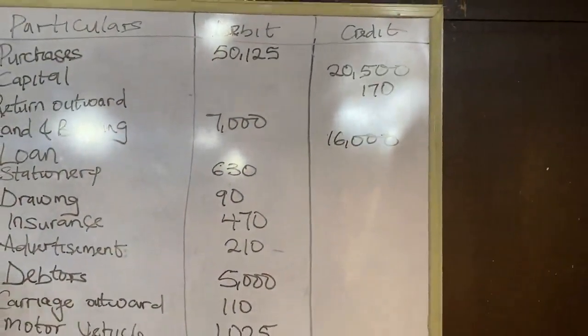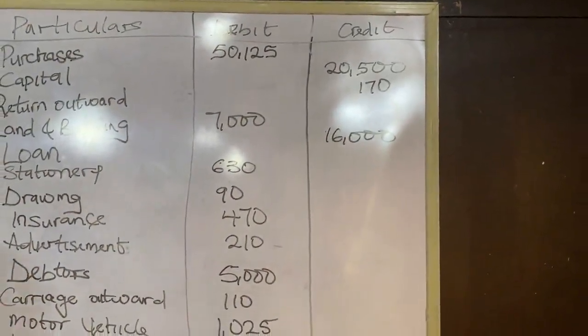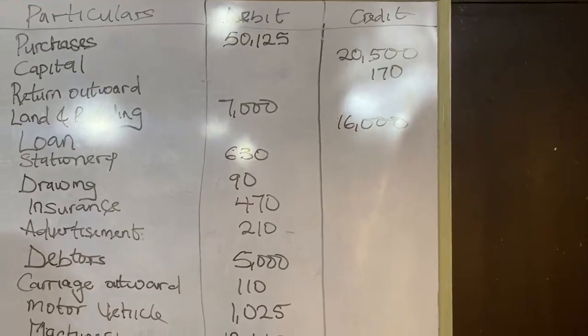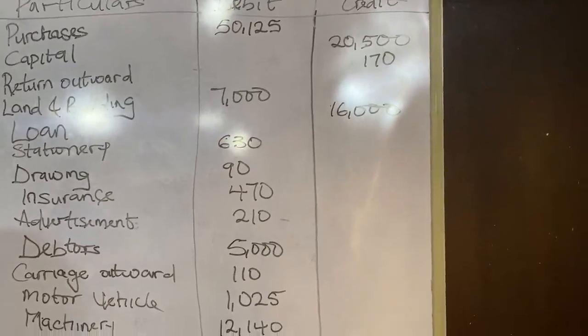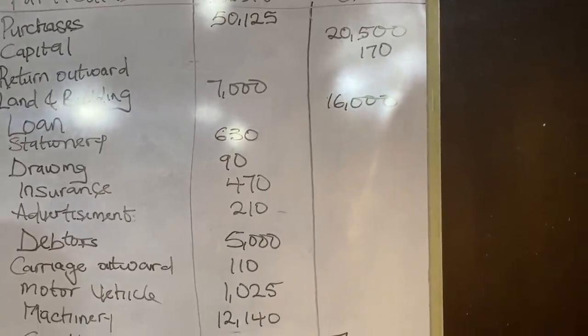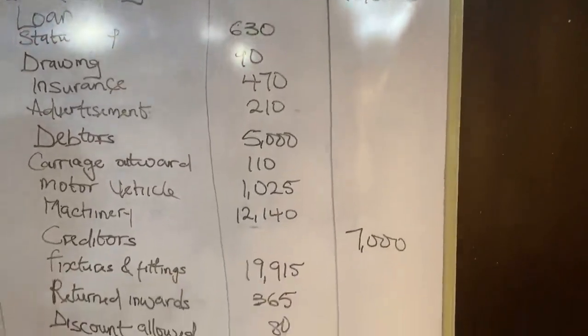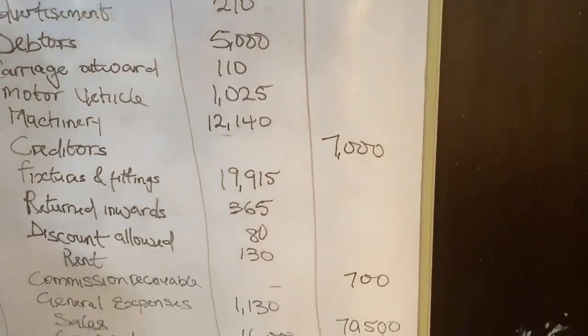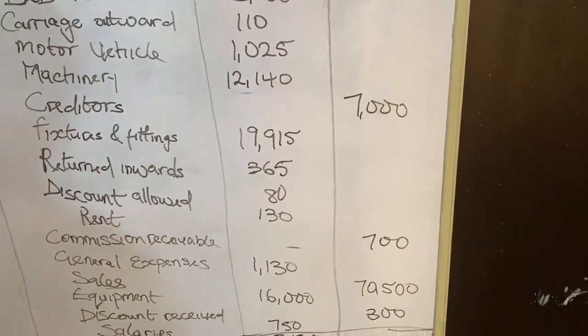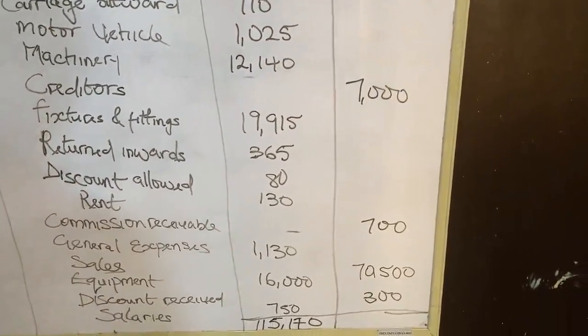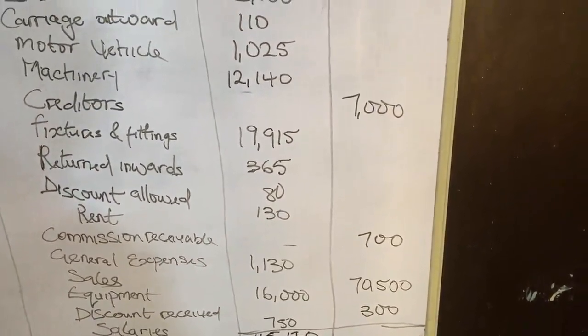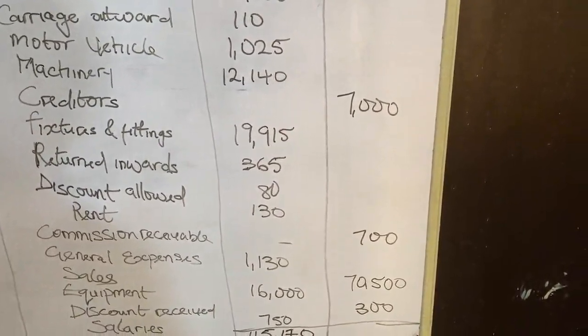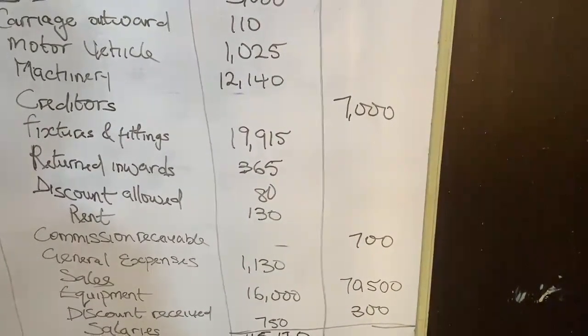Then on the credit side, we have 20,500 plus 170 plus 16,000 plus 7,000 plus 700 plus 70,500 plus 300.